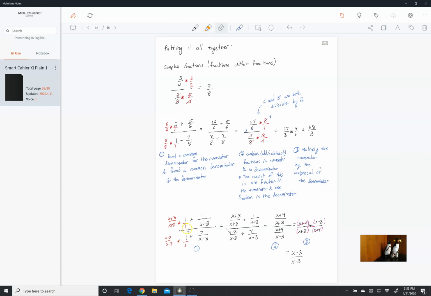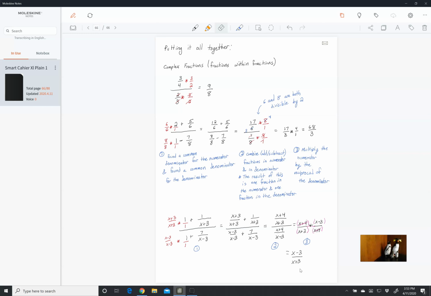So we multiplied the 1 over 1 times x plus 3 over x plus 3. That's how we got this. And then we multiplied 1 over 1 times x minus 3 over x minus 3, and that's how we got this piece right here. So we have our 3 steps, 1, 2, and 3. In step 3, when you multiply, you're simultaneously reducing. So the x plus 4 over x plus 4 canceled, and that's how we got x minus 3 over x plus 3.